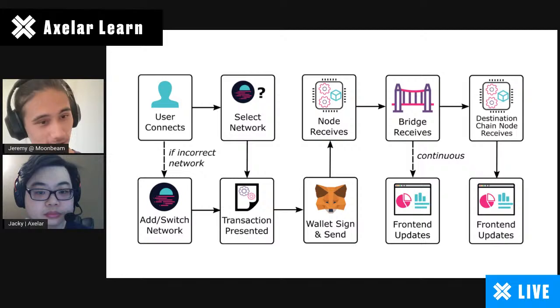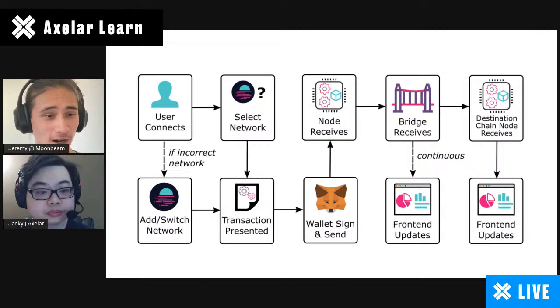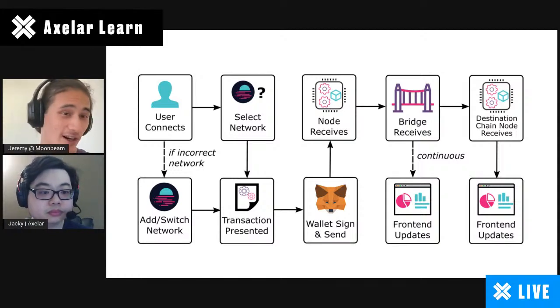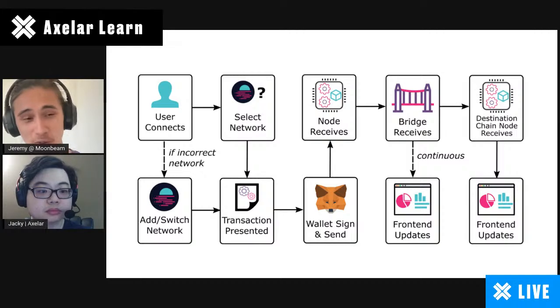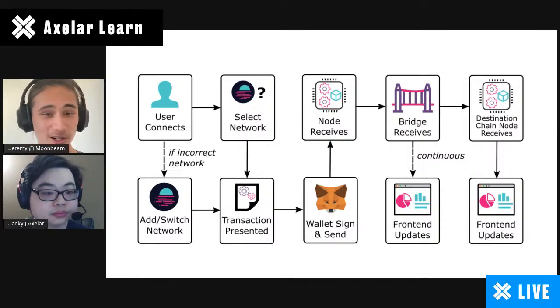The difference here is that instead of updating the front end for only this origin chain transaction, there are going to be at least two chains that you're going to have to track. But if you're working with Axelar as your GMP provider, you're going to have three, because there is the origin chain, the Axelar chain, and the destination chain.